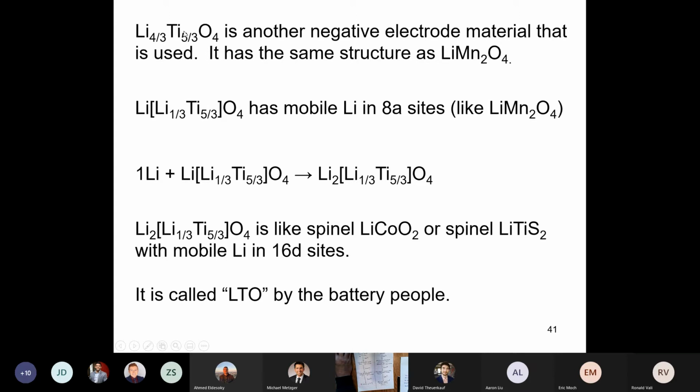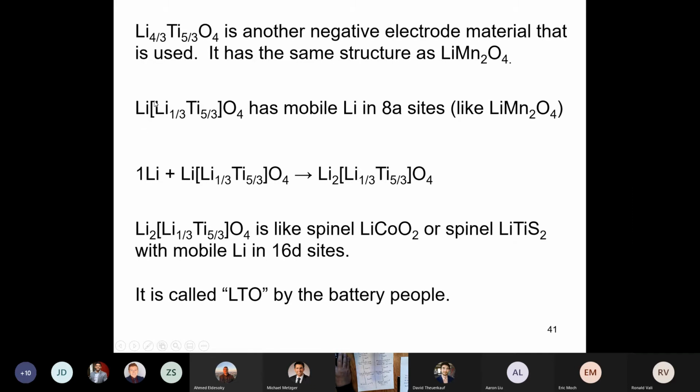So if you look at the stoichiometry, 4/3, 5/3 compared to 1 to 2, it means that 1/3 of these lithiums are sitting on the sites where the titanium atoms are. So 1/3 plus 5/3 equals 6/3, which equals 2. Okay, so this just means there's some lithium on the titanium sites, or where the manganese is in LiMn2O4.